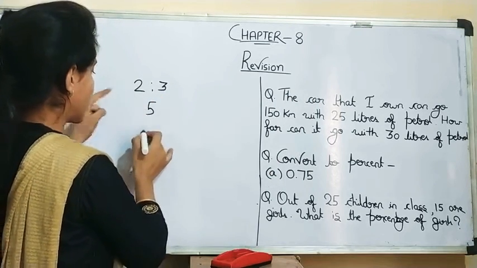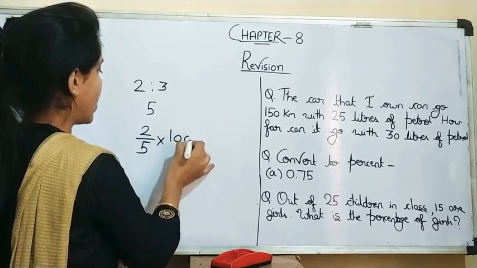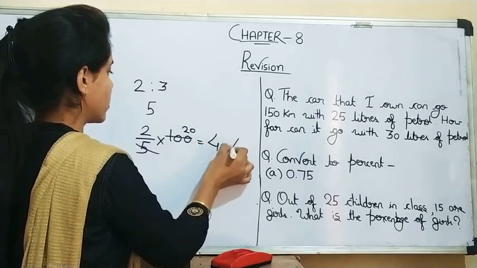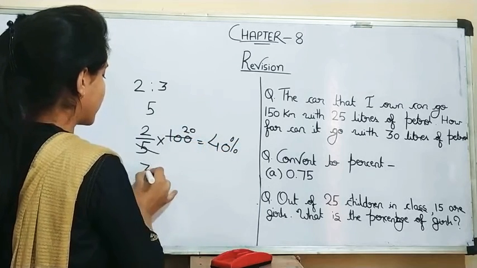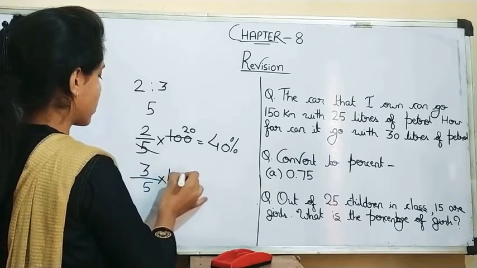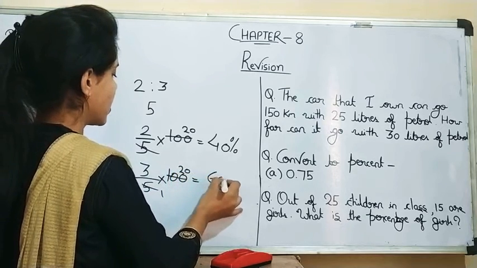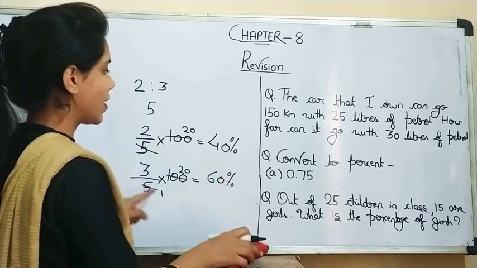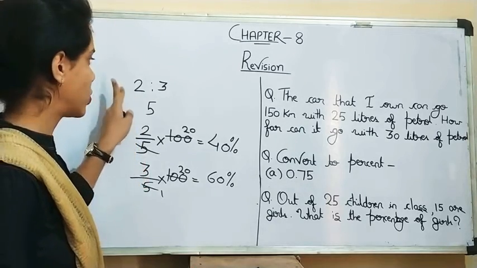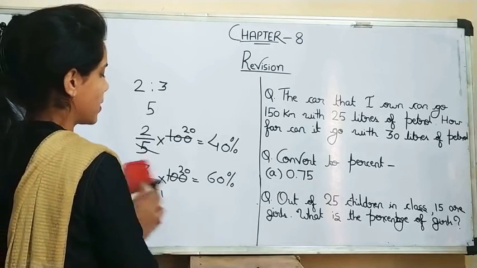So the percent of 2 will be 2 by 5 multiplied by 100, which is 40%. And the percent of 3 will be 60%. So in this way we get the percent. Write the whole quantity in the denominator and the given ratio parts one by one, and we get the percent.